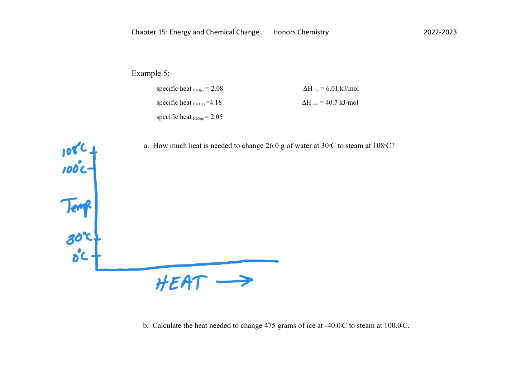So water at 30 degrees Celsius, and we're going to turn it into all steam at 108 degrees Celsius. Okay, now if I run through this heating curve, we're going to add heat to this water until it reaches the boiling point.